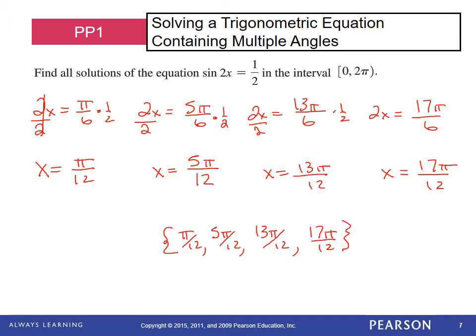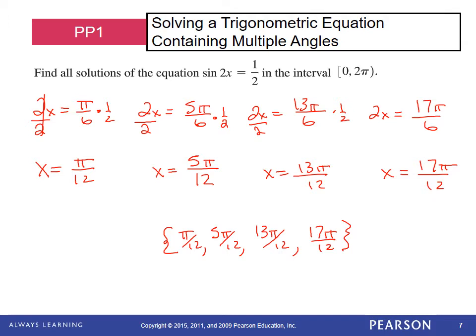Now, by dividing by 2, what we've done is we've in a sense gone down from 0 to 4 pi, and we made it 0 to 2 pi only. Does that make sense? Dividing by 2 got rid of that extra rotation.